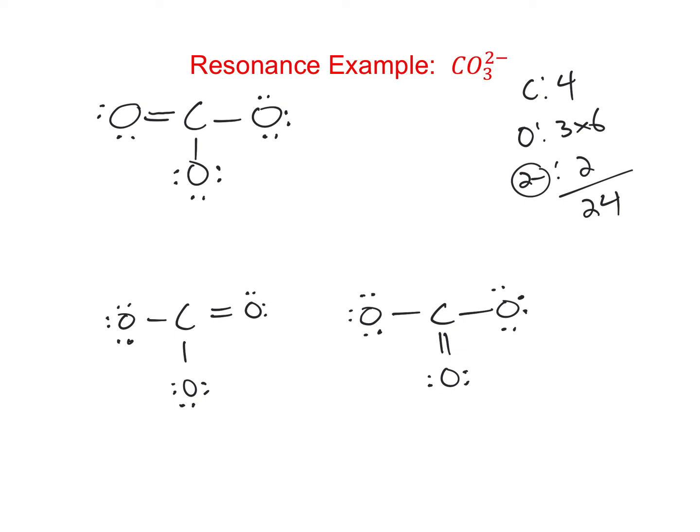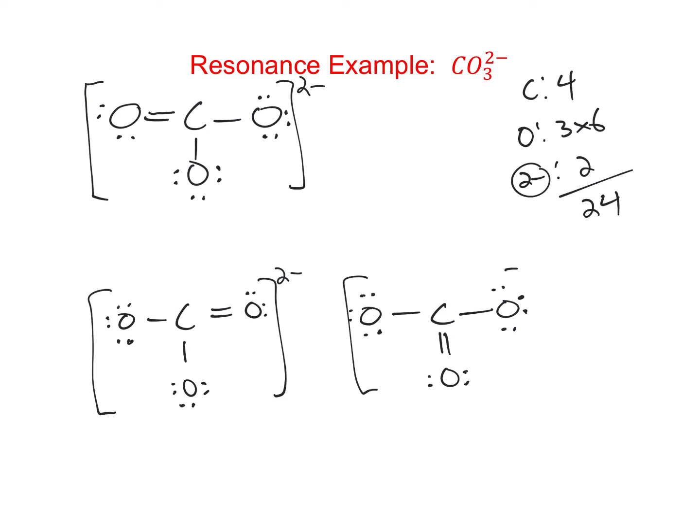Now each one of these has a -2 charge, so we'll put them all in brackets with a -2. And then typically when we draw resonance structures, so in this case carbonate has 3 resonance structures, we use double-sided arrows.